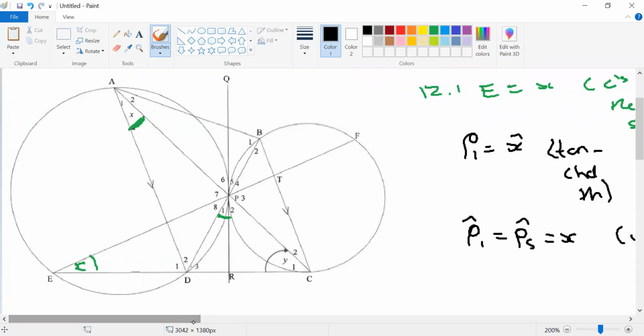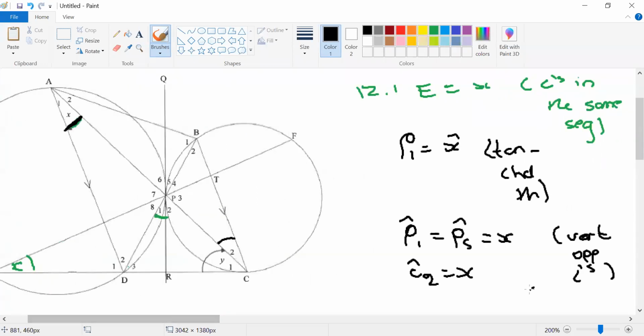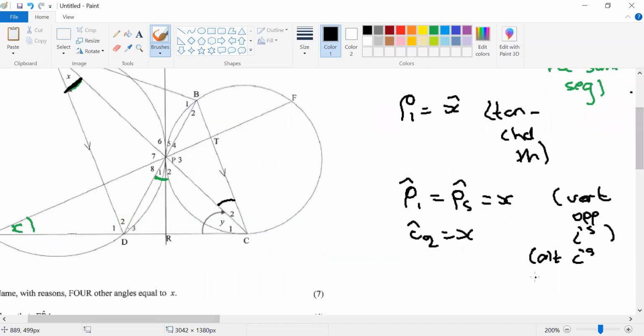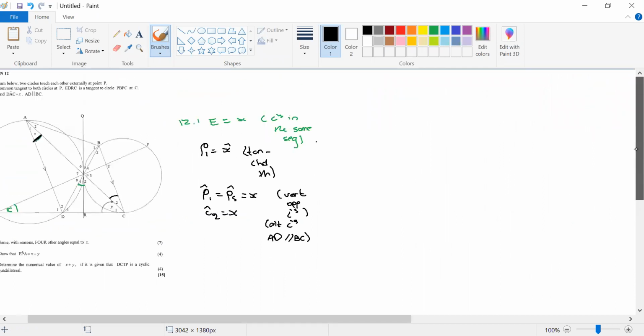And lastly, we can see that if we had to use these parallel lines right there, X is going to equal to C2, or rather angle C2 is equal to X. And that's simply because alternate angles and our parallel lines that we have to name are AD parallel to BC. So that's the first question done.